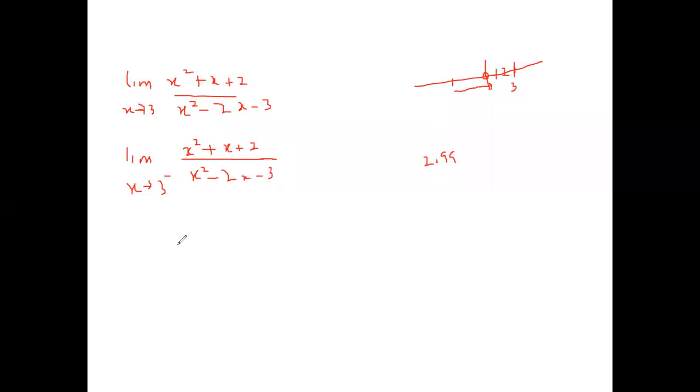Now, if we evaluate, what should this give us? Let's say we have a value around 2.9.